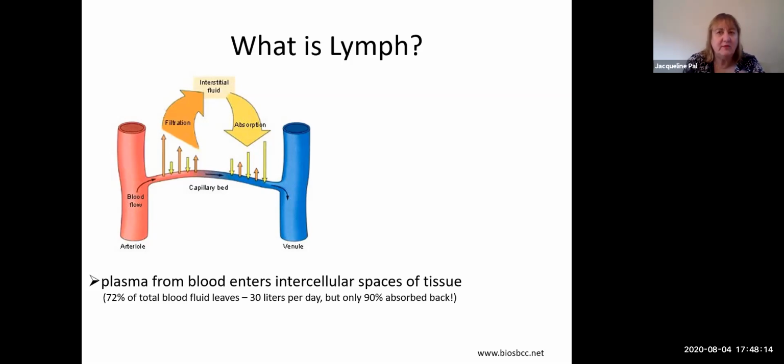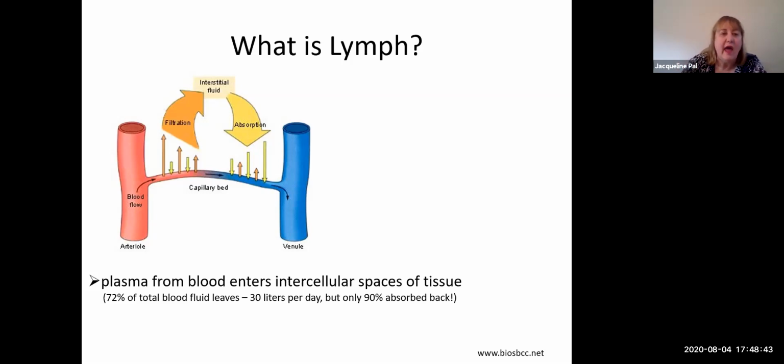To understand what lymph is, we need to go back to our arterioles and our venules and that capillary bed. To refresh your memory, when blood enters the capillary bed, it has a high hydrostatic pressure, which sends some of the plasma from the blood outside of the blood vessel into the interstitial space. This is the same watery kind of fluid that plasma is, with some protein.